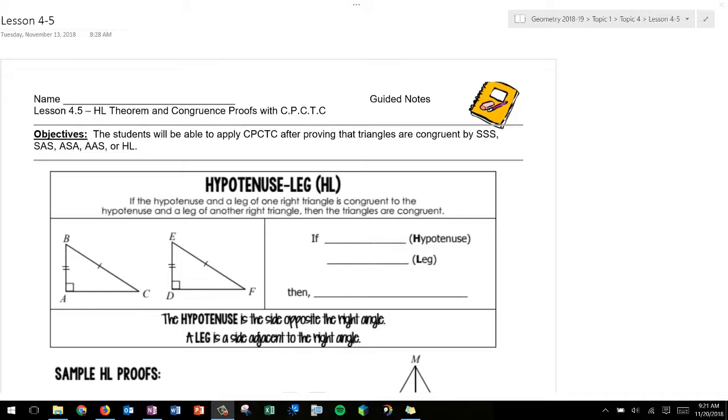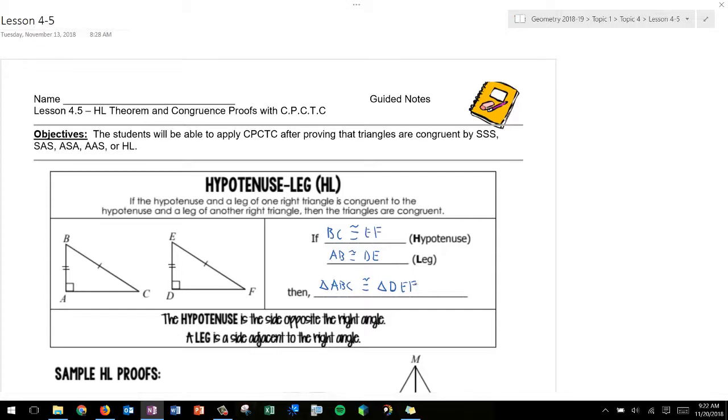So in my picture here, if my hypotenuse, BC, is congruent to EF, and if one of the sets of legs, AB, is congruent to DE, then we can say that triangle ABC is congruent to triangle DEF. So it's only for hypotenuse leg, only for right triangles can we use this.